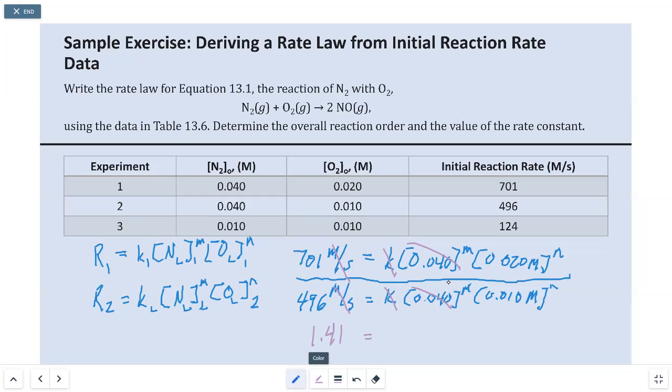All that is left on the right-hand side of this equation is 0.020 to the N divided by 0.010 to the N. If I use my rule of exponents here, what I have is 0.020 molar over 0.010 molar to the N power, canceling out the molarities that are common inside.